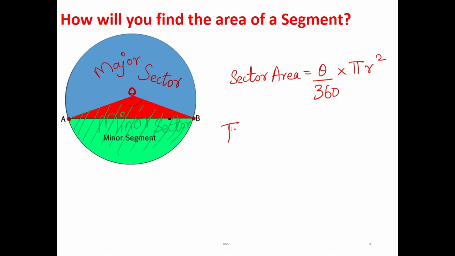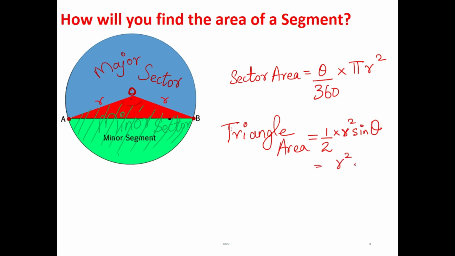Now the triangle area is given by, this is the radius, and you have the angle theta, so 1 by 2 r square sine theta. This is the formula that we'll be using, which is from trigonometry. Half r square sine theta, you can write it as r square sine theta over 2.